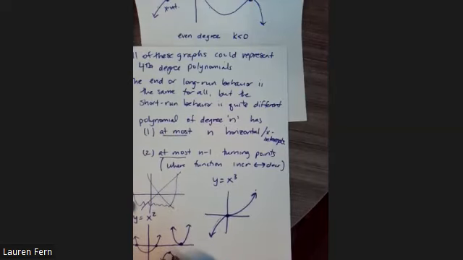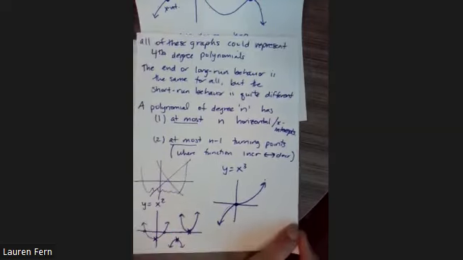This never touches or crosses my axis. But notice in each of these cases, we have exactly one turning point. It goes from decreasing to increasing or increasing to decreasing. Don't worry, we're going to be keeping all of these things in mind as we go.